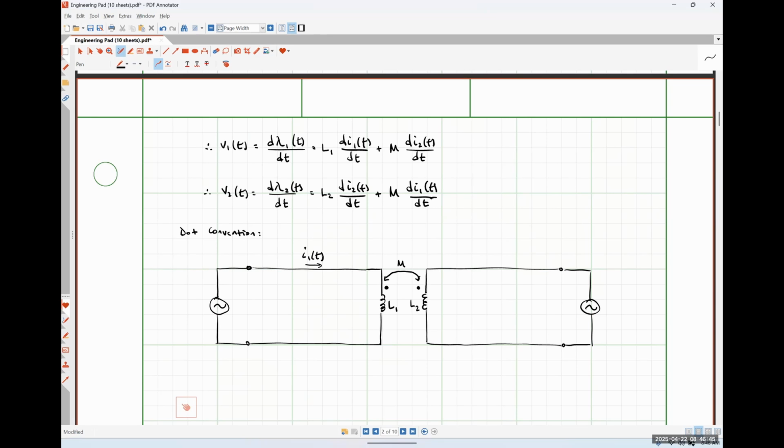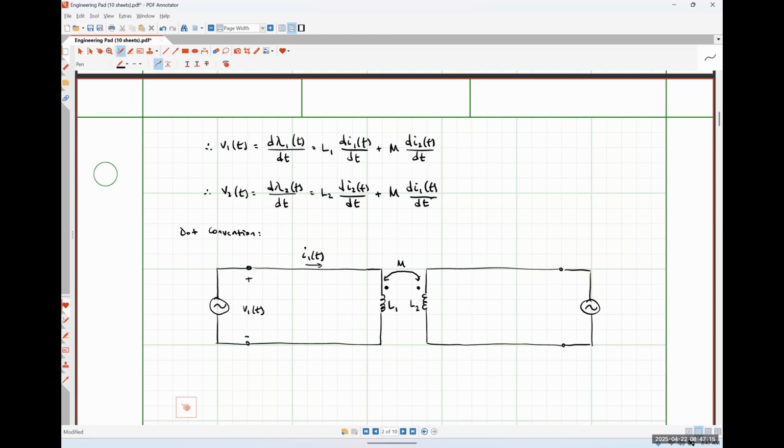And in this particular case, notice that the current I1 is flowing into the dot. And I'm going to define my voltage V1 like this. Notice that the positive polarity terminal of V1 is on the dotted side of that inductance L1, and the negative polarity terminal is on the undotted side.